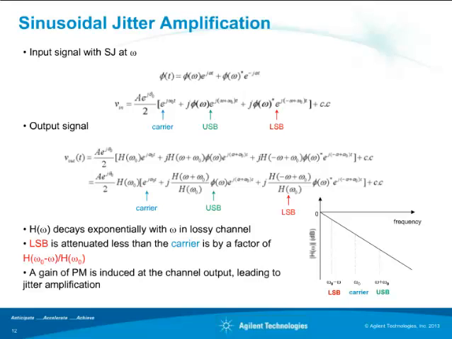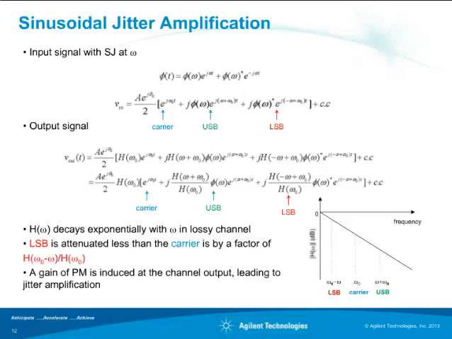First is the carrier at omega 0. Second is the upper sideband at omega 0 plus omega, due to the positive branch of SJ. And the third component is the lower sideband at omega 0 minus omega, due to the negative branch of SJ.